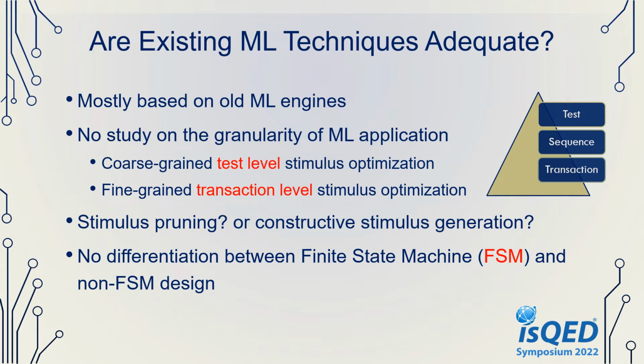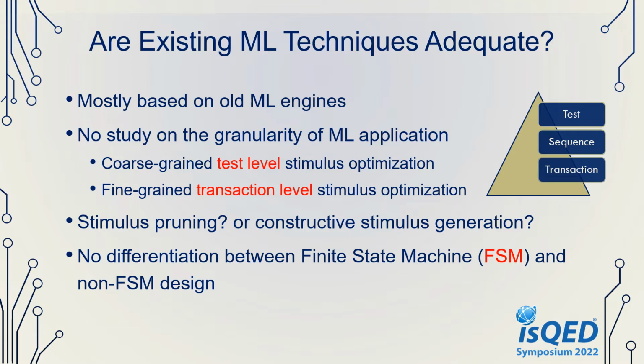There are many existing machine learning works. The question is, are these existing works sufficient? The answer is no. First of all, many of these works are based on old machine learning techniques, for example, SVM. And at the same time, there are many new machine learning techniques that have not been well studied yet for functional verification.